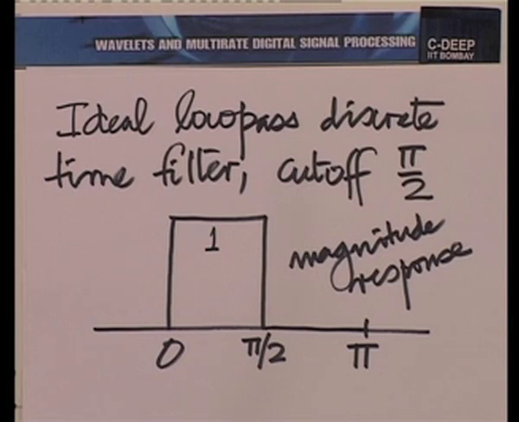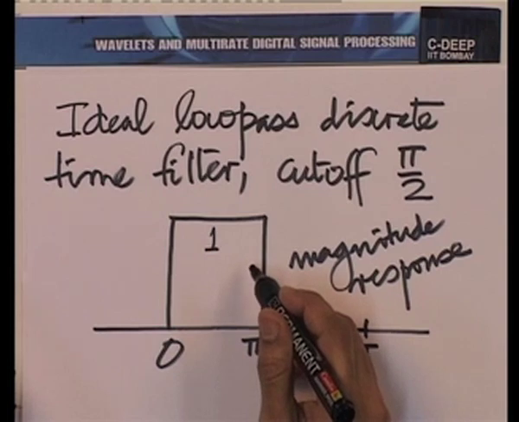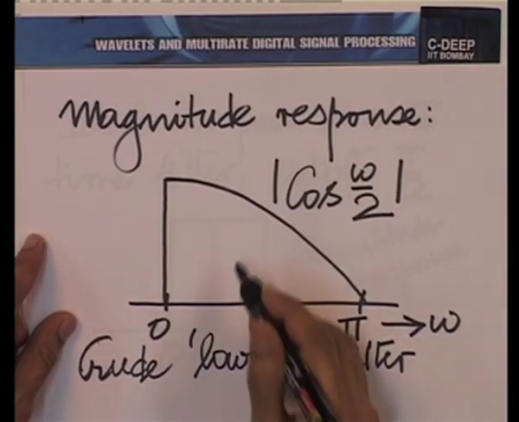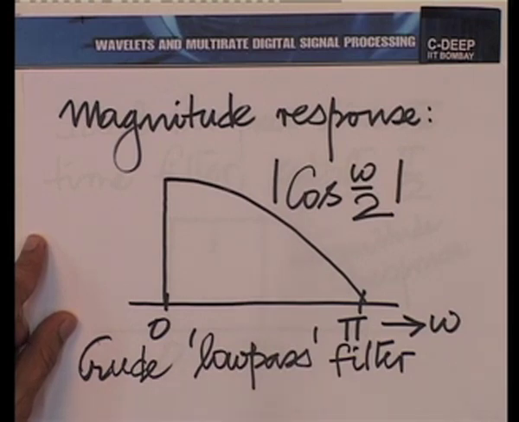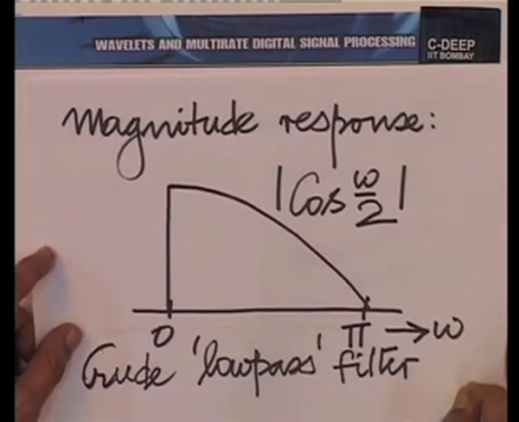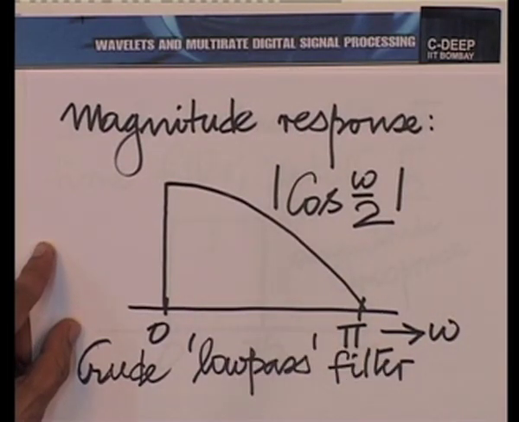Where are we in reality? We are trying to replace this ideal filter here with this crude approximation to the low pass filter here. So, please remember, this is the ideal towards which we are striving, and this is where we have reached in some sense with this very simple Haar multi-resolution analysis or Haar filter bank.